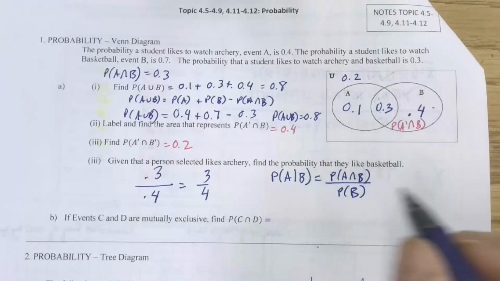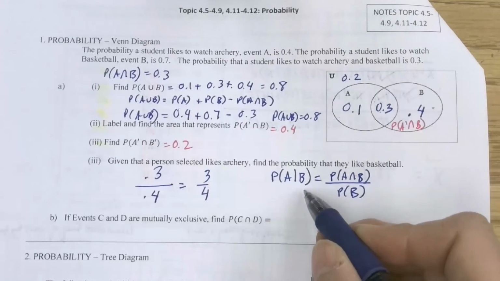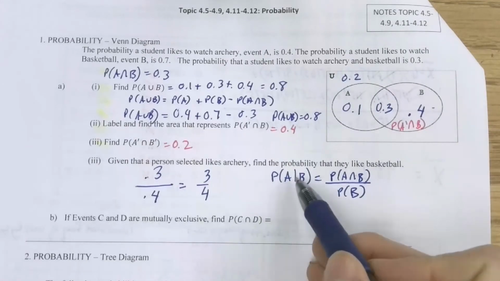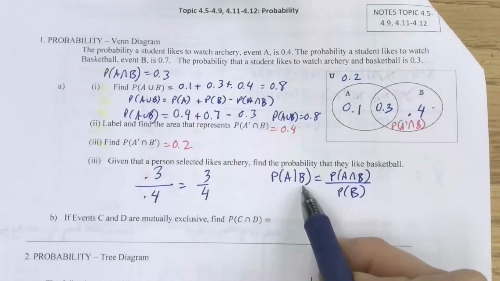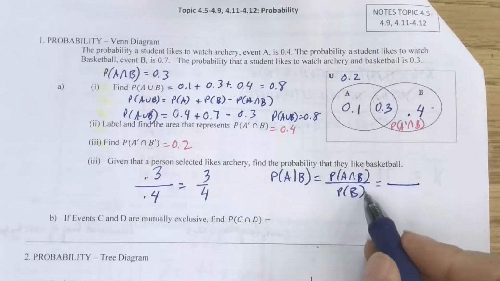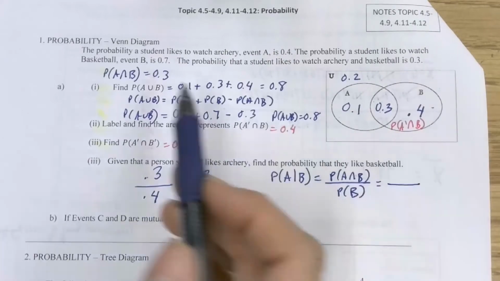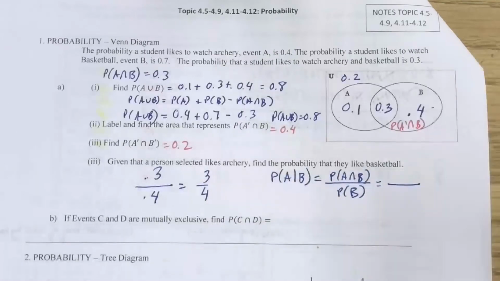So in this case, the probability of A given B is archery, a probability that a person likes to watch archery given that they like to watch basketball. Okay, so in my denominator, I have the probability that someone likes basketball. So the probability that they like basketball is 0.7.